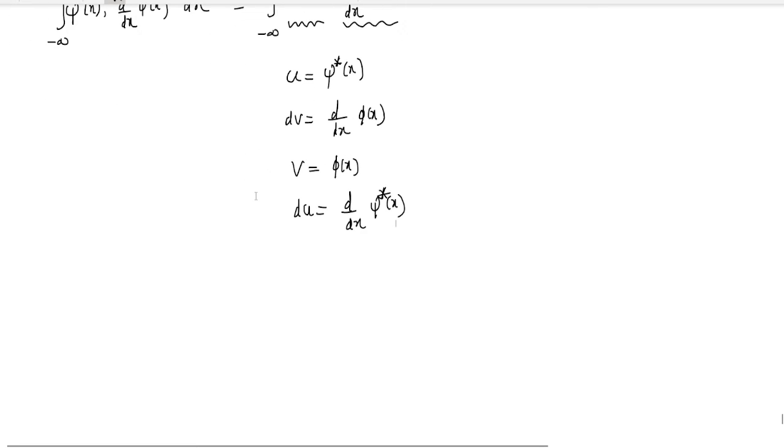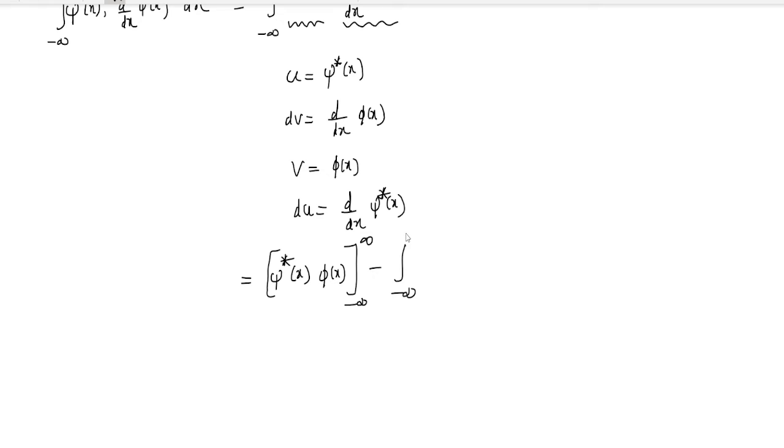Okay, so that equals psi complex conjugate of x times phi of x from minus infinity to plus infinity, minus the integral from minus infinity to plus infinity of d by dx of psi complex conjugate of x times phi of x dx. This boundary term becomes 0, right?